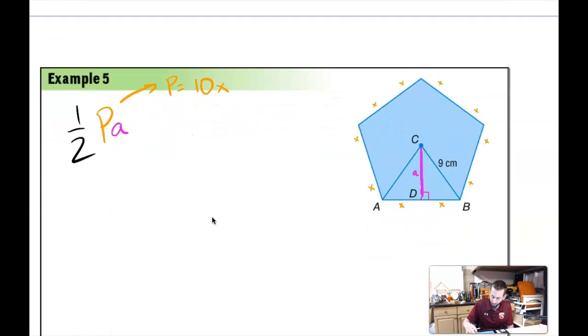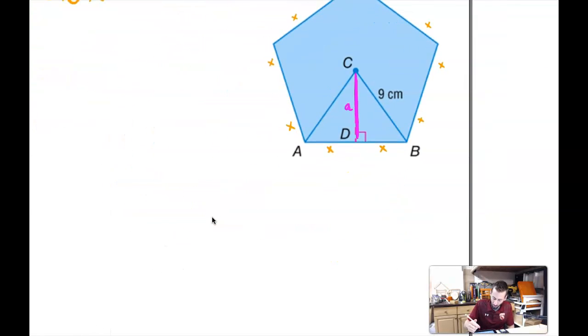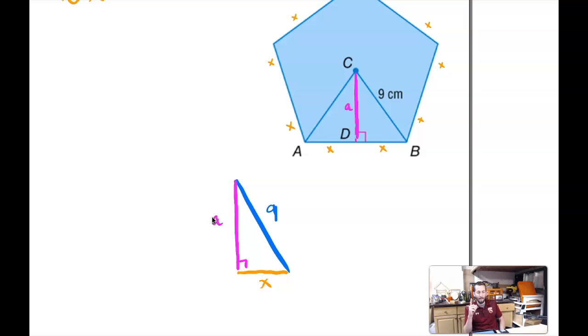All right. Now, again, let's zoom in here. I've got the radius of this, which is 9. I've got the apothem, which I don't know, but it is a 90-degree angle there, and I've got this X. So if I have one side and I need 2 other sides in a right triangle, there is a way to do this.